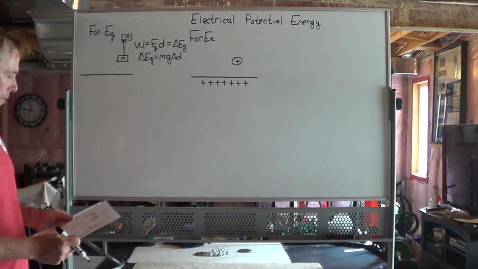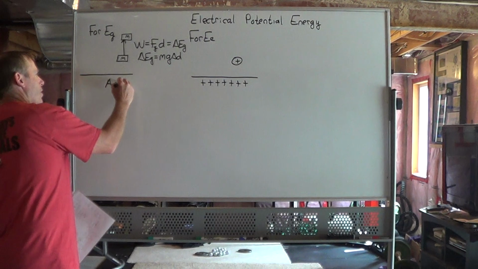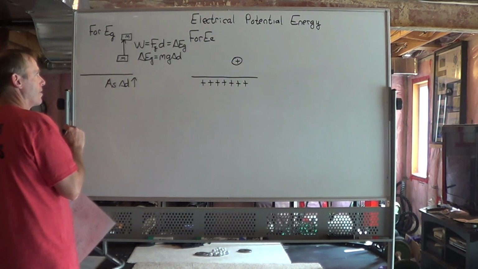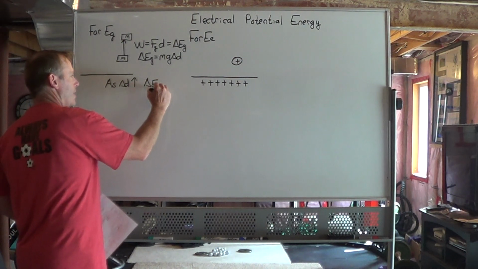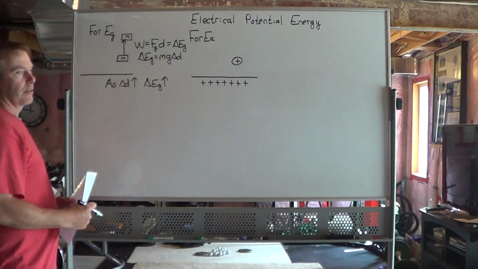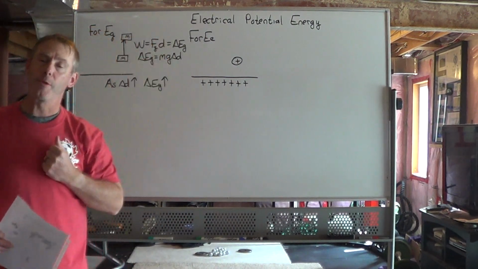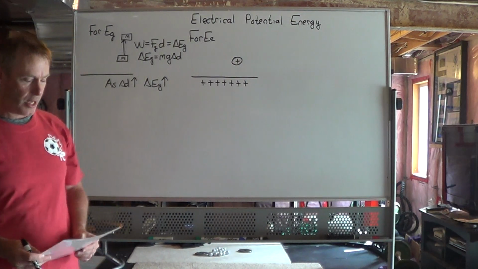Now here's the important thing: as our change in distance increases, so does our change in gravitational potential energy. It goes up, right? We pull that object further from the Earth. The further from the Earth we pull it, it's going to have more gravitational potential energy.